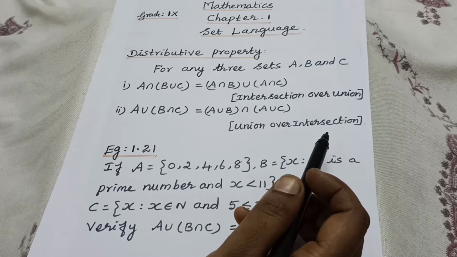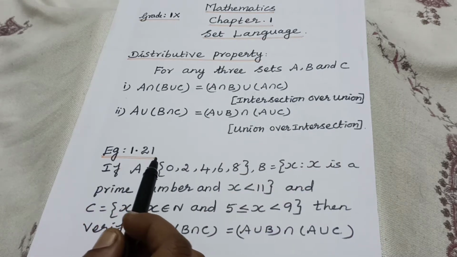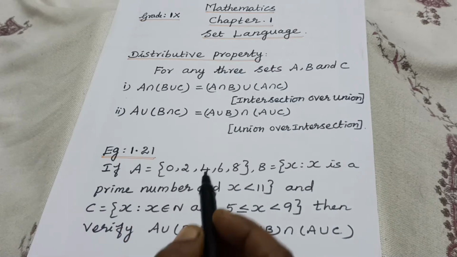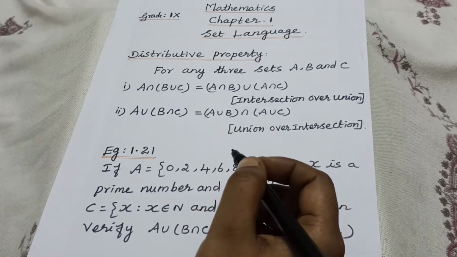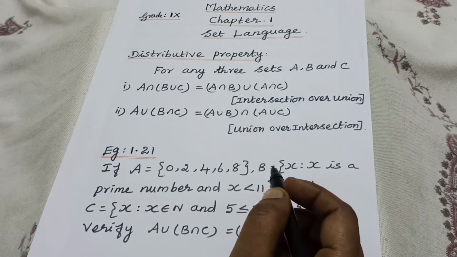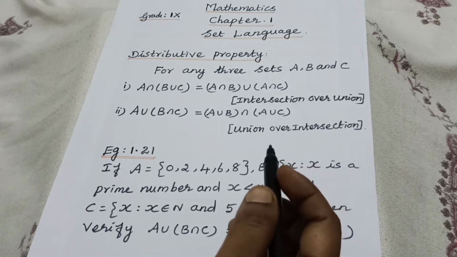In lower classes we have studied the distributive property of multiplication over addition on numbers. That means A into (B plus C) is equal to A into B plus A into C, isn't it?